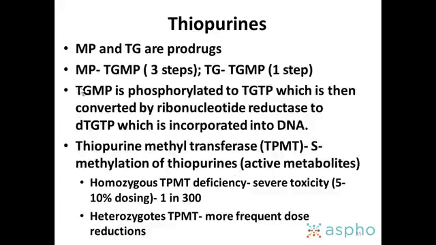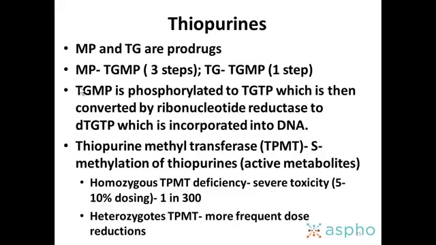So moving on to the thiopurines, the ones which we use every day are mercaptopurine and thioguanine. They are both prodrugs. Thioguanine is actually much more potent than mercaptopurine because it's more readily available. 6-MP metabolism goes through 3 steps to become TGMP.